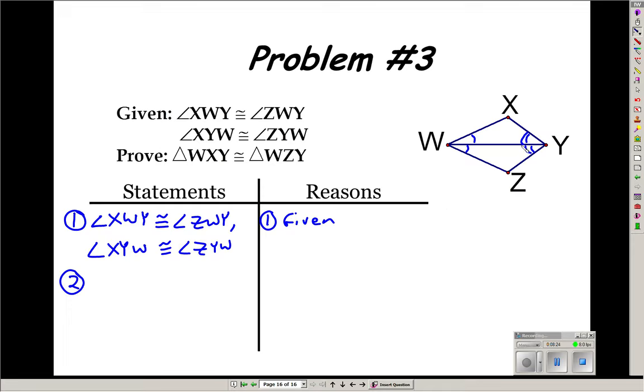And then we have the shared side in the middle, so we can say that that segment is congruent to itself. Segment WY on the top triangle is congruent to segment WY on the bottom triangle. Anytime a segment is congruent to itself, that's the reflexive property.